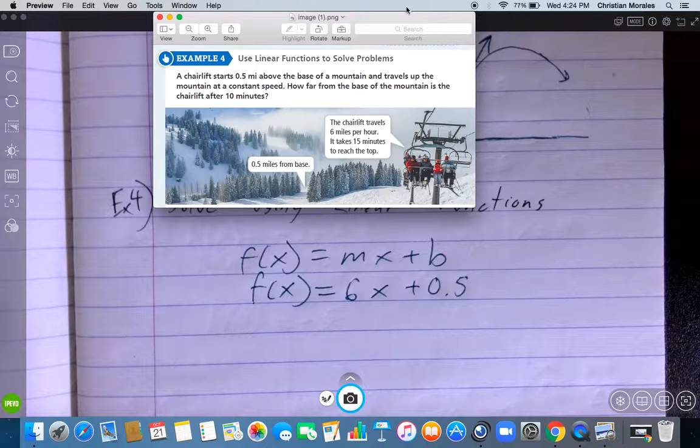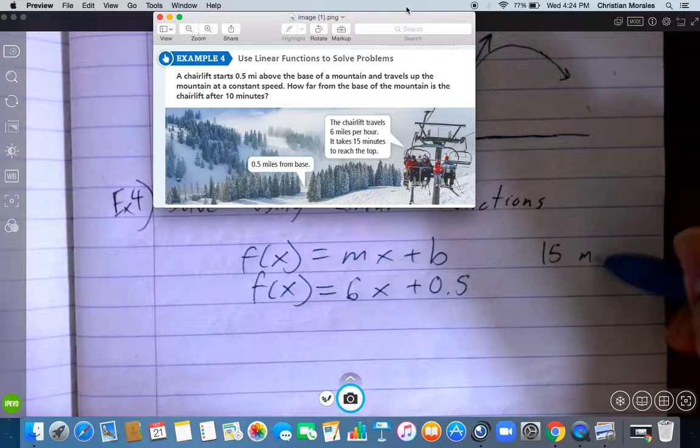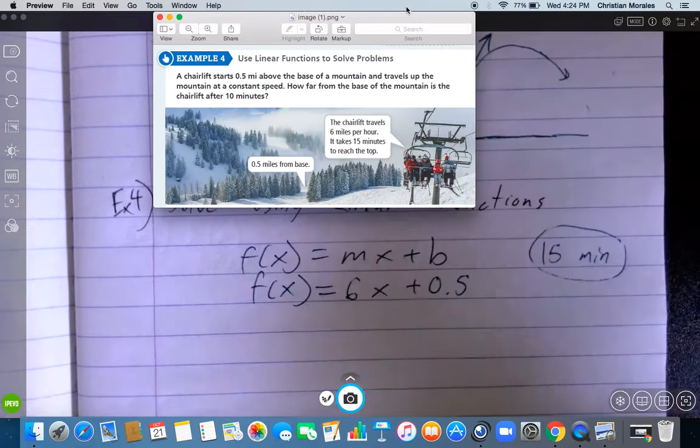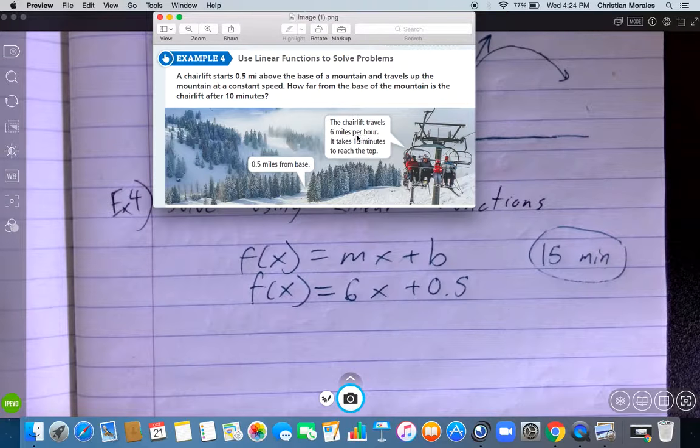We can just solve this. There's a little problem though. The speed doesn't match with the time. Guys, the time it says is 15 minutes. 15 minutes. But the chairlift is going 6 miles per hour. And that is our problem.